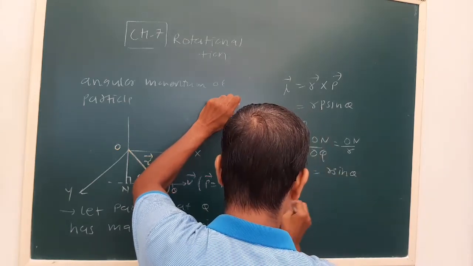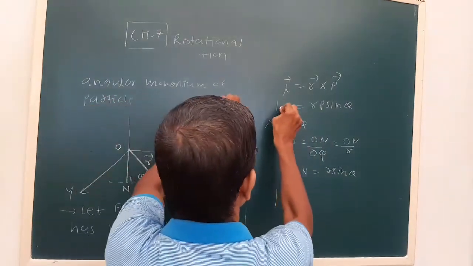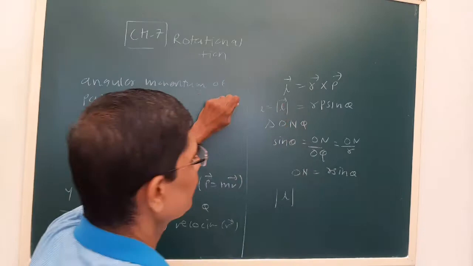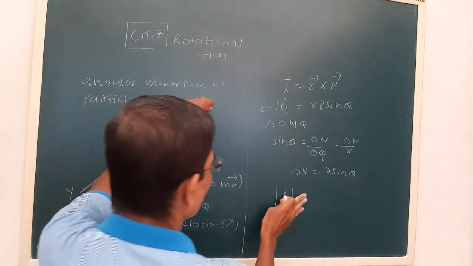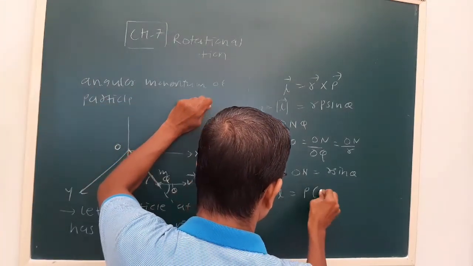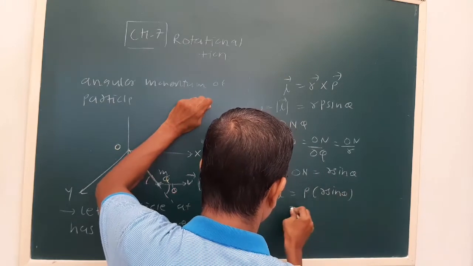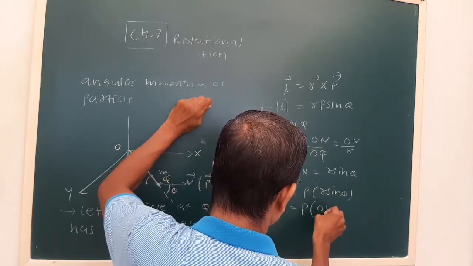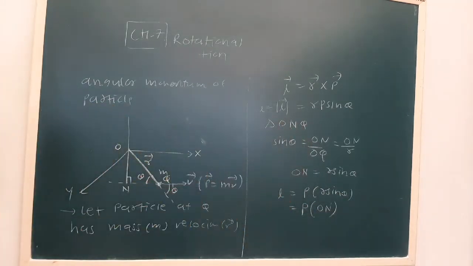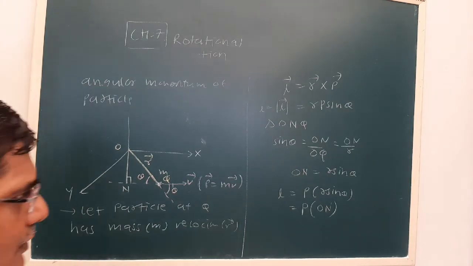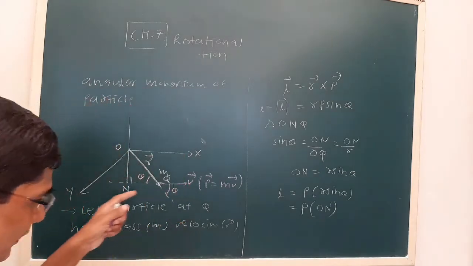Now L is equal to R cross P, so the magnitude of L is RP sin theta. So L we can write as P into R sin theta. R sin theta is nothing but ON, that is, the perpendicular distance from the line of action of linear momentum.